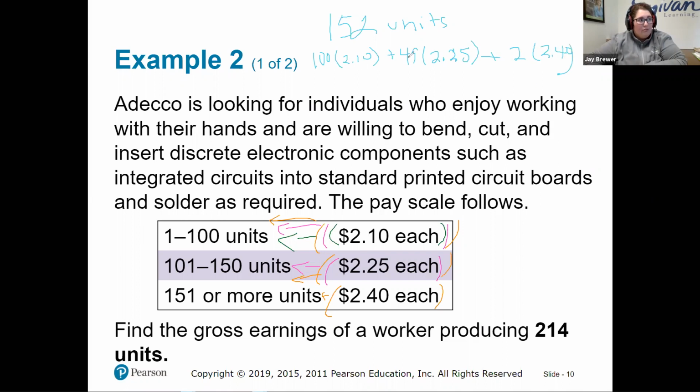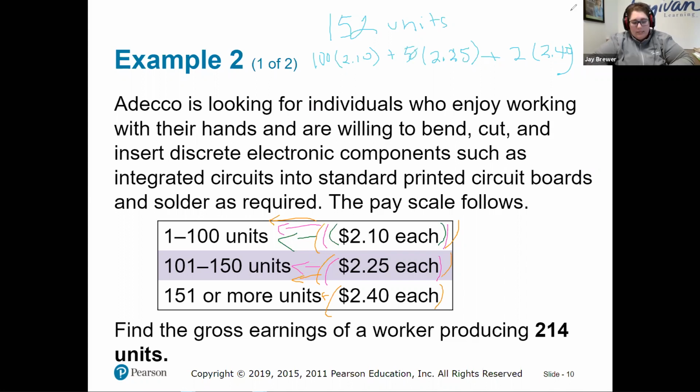Okay, 149 plus 2. Does that work out right? Guess this is a 150. Sorry, guys. Wanted to make sure my math added up.